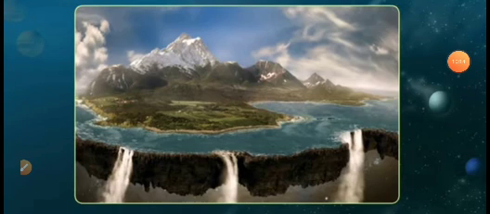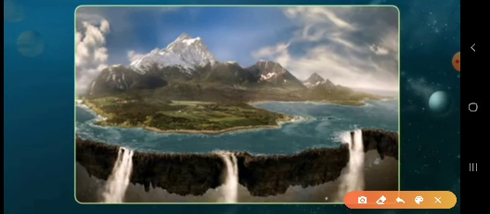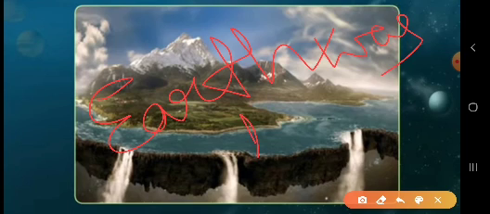So children, people thought that the earth is flat. What did people think about the shape of the earth? In olden days, long ago, people thought that the earth was flat.